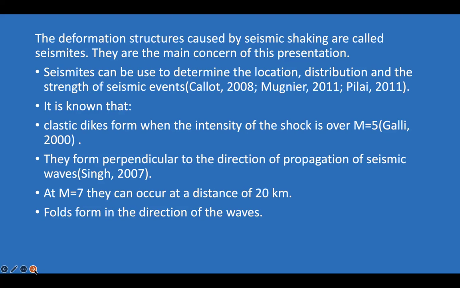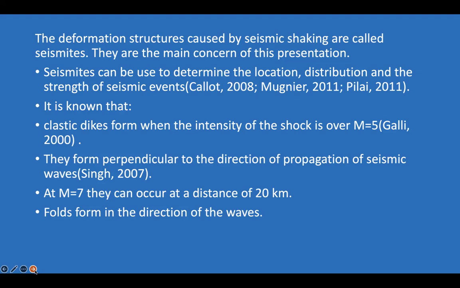Some of these evidences, like clastic dikes, can be used to give the intensity of earthquake shocks, and usually they occur when the earthquakes are over M5. They can also be used to deduce the direction of propagation of seismic waves.